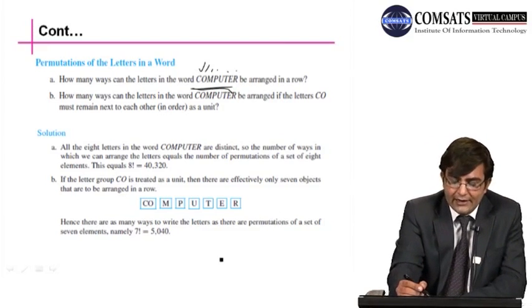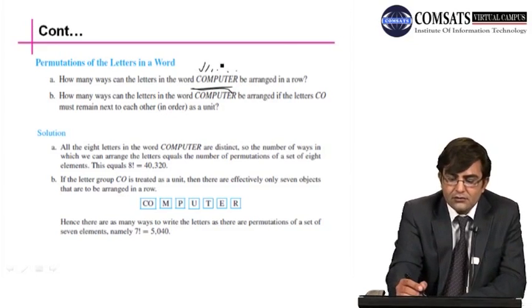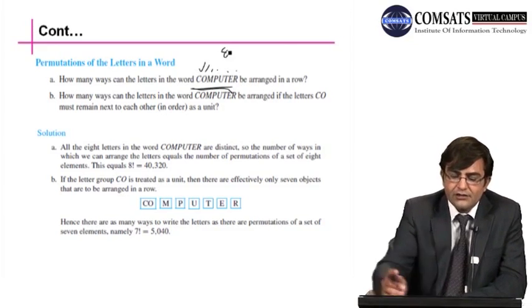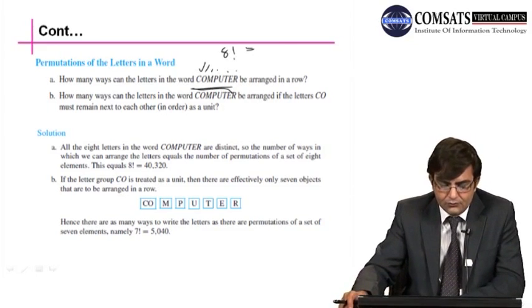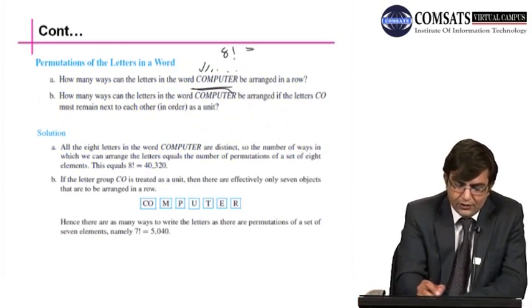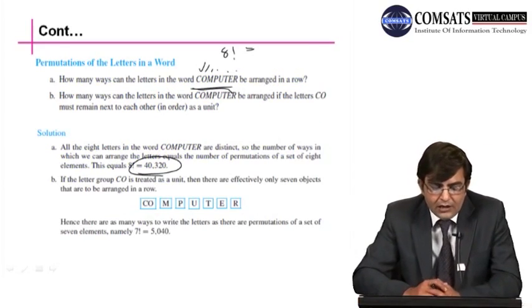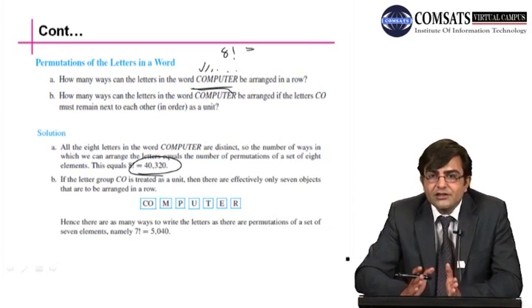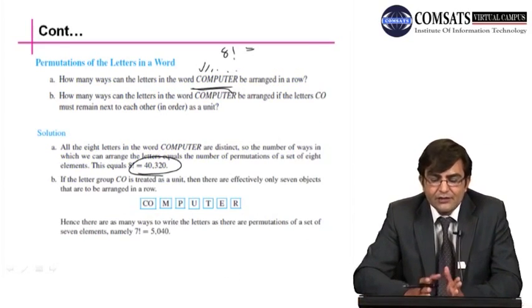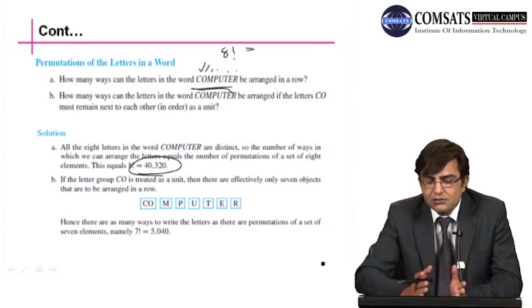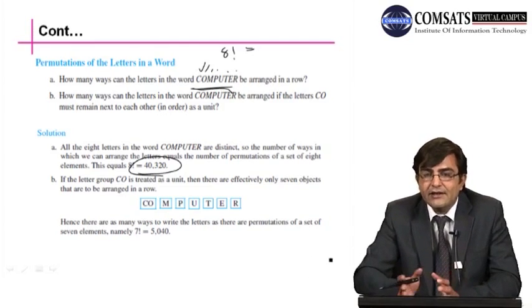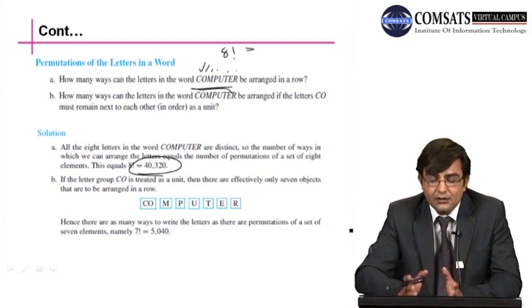So there are 8 letters, so we can say 8 factorial, which is 40,320. So there are 40,320 possible ways we can write the letters of COMPUTER arranged in a row.